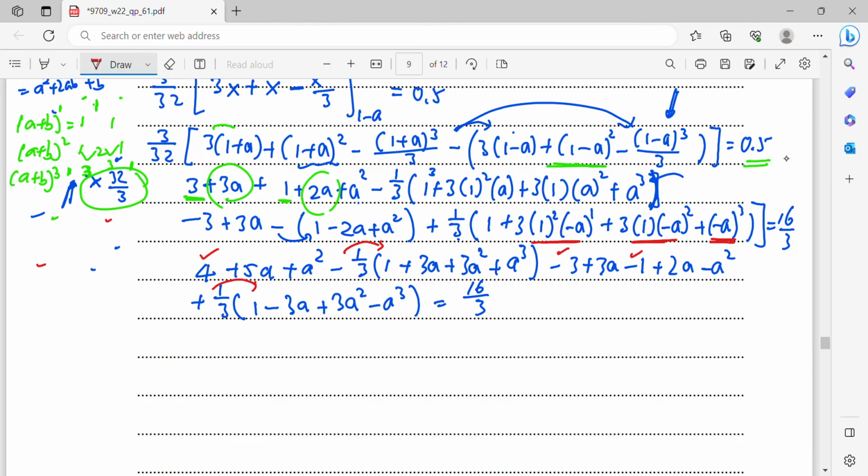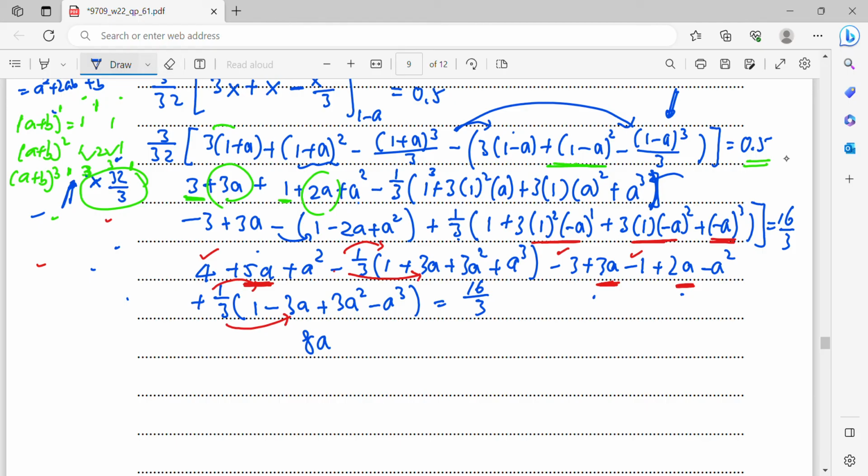Okay, so then for the 5a, here is 5a, and then 3a, 2a. So total now is 10a. And then when I do expansion for 1 over 3 and 3a, together with this, both are negative sign. So it means that I will be getting negative 2. Alright, so 5 plus 3a plus 2a is 10a. 10a minus 2a becomes 8a.